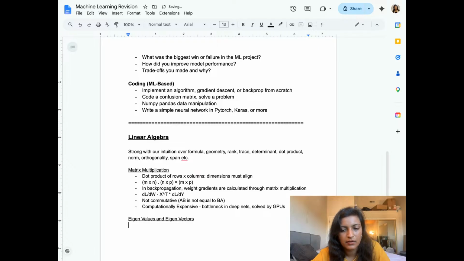You can say Av equal to, actually, any vector v only scales, does not rotate under transformation A. So eigenvector talks about the direction, whereas eigenvalue talks about how much it stretches or shrinks.